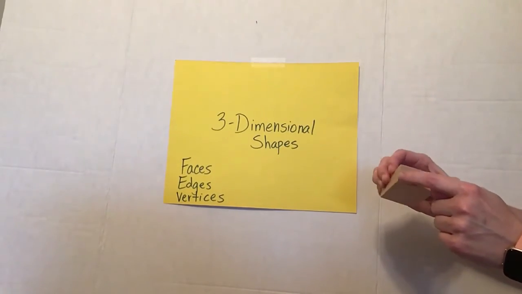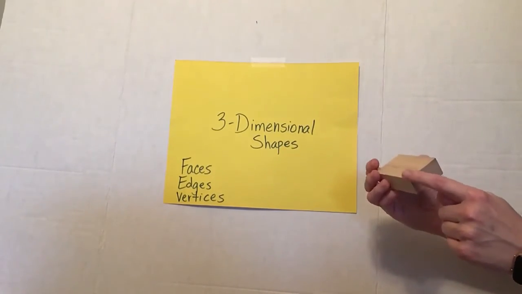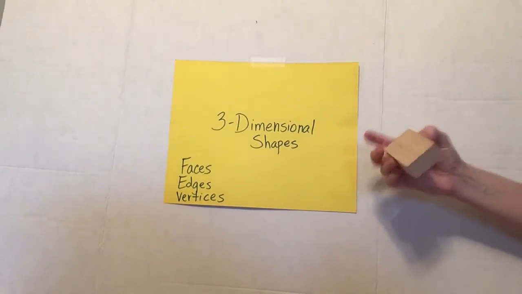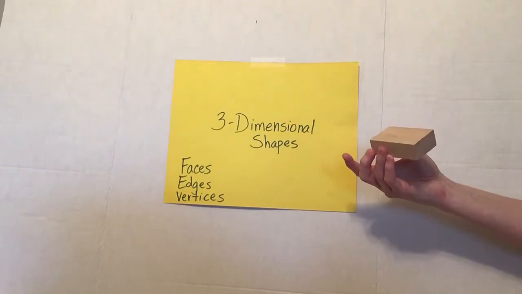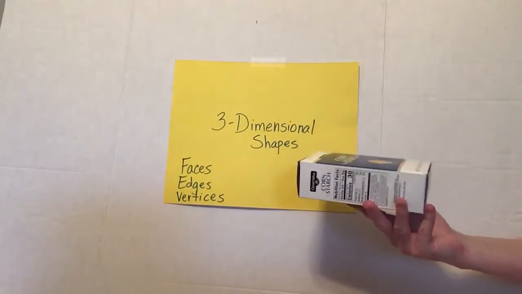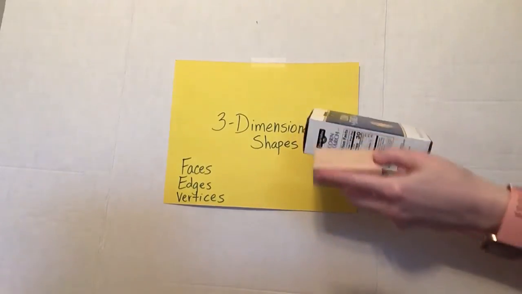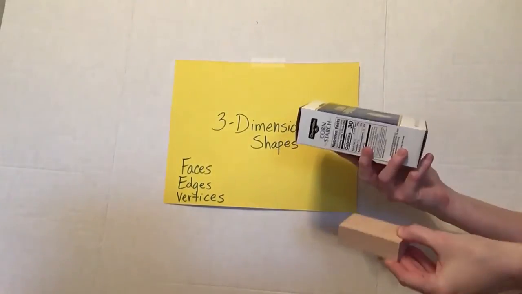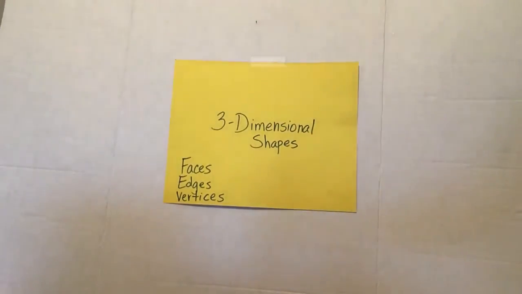And then our vertices are where the edges meet. And then I looked in my pantry to see if I had an example of a rectangular prism. And I had a box of cornstarch. Can you see how that's the rectangular prism? So there are 3D shapes all around us.